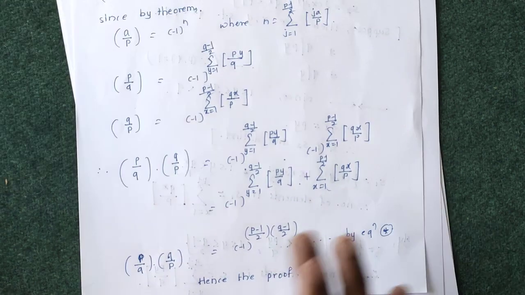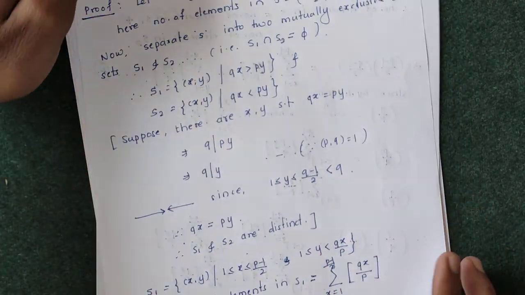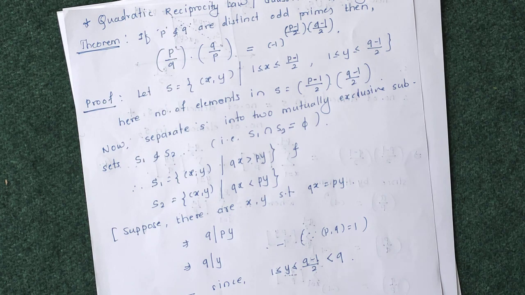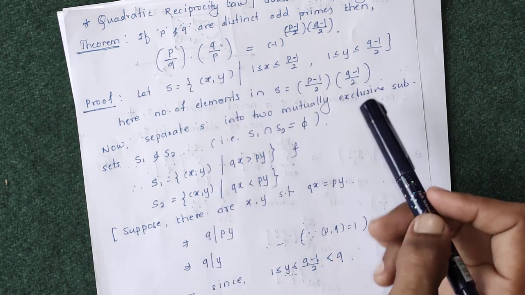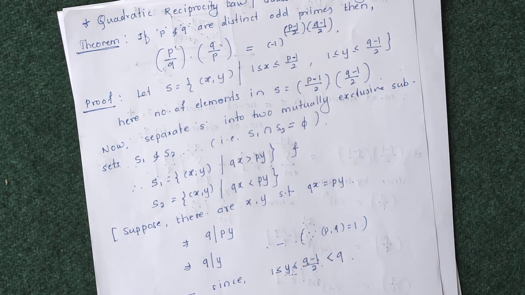So in this theorem, we have just considered one set of ordered pairs (x, y) such that x varies from 1 to (p minus 1) by 2 and y varies from 1 to (q minus 1) by 2, and the total number of elements in the set of ordered pairs is the multiplication of the maximum numbers. So the number of elements in S is (p minus 1) by 2 into (q minus 1) by 2.